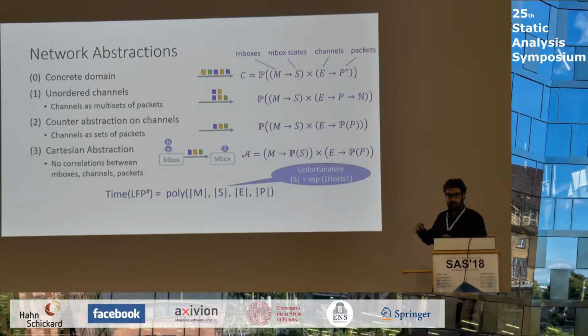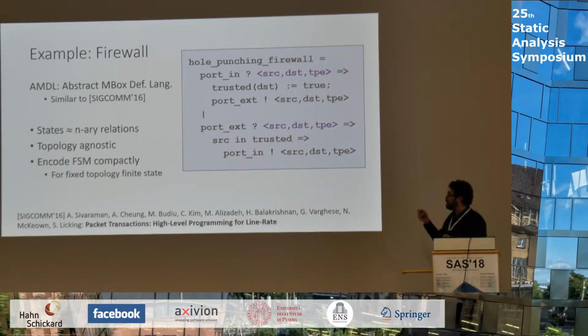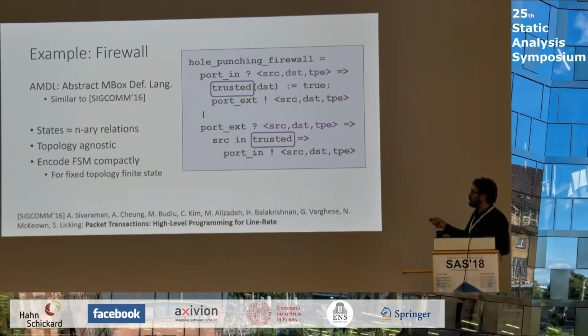The number of states in the system might be exponential in the number of hosts we have. So for example, the same firewall we've seen before, this is the same model of firewall I've shown you earlier in a programming language that we designed for this work. The way this programming language records the state is through relations.